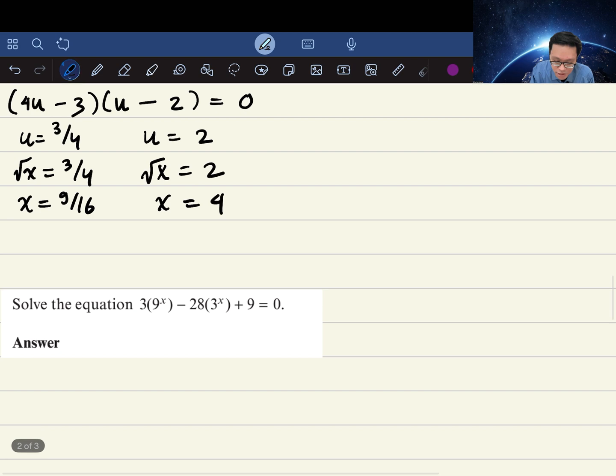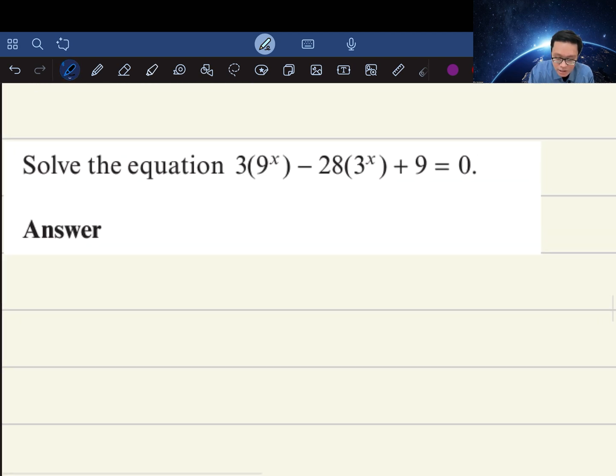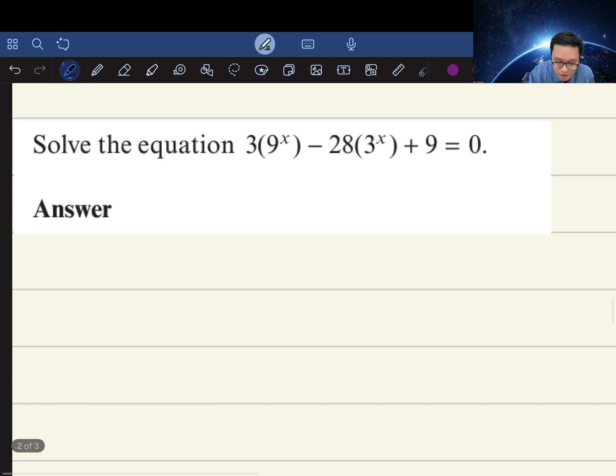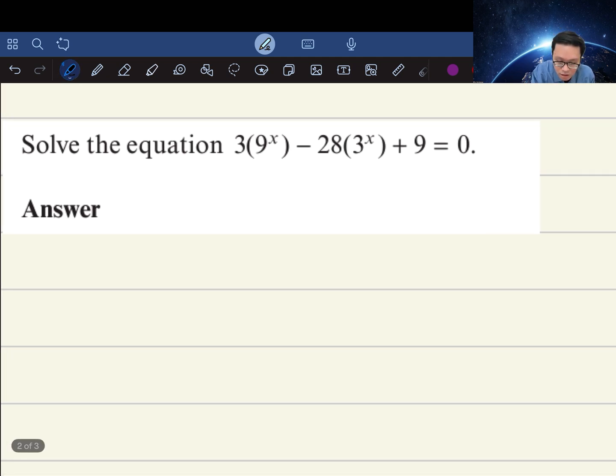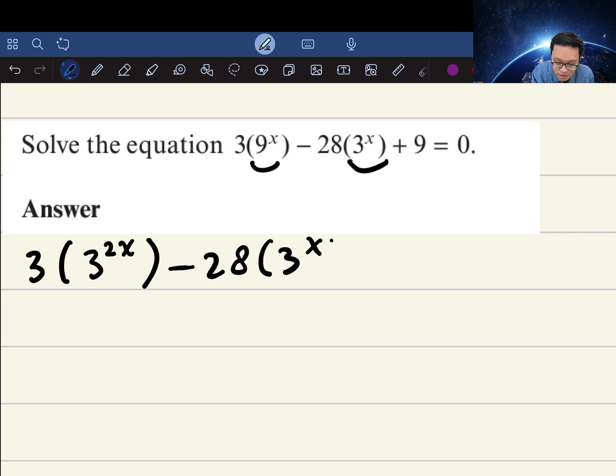Another kind of question, we have this kind of problem: 3 times 9^x minus 28 times 3^x plus 9 equals 0. The same method here. If you look at this, 9^x is basically 3 squared to the x. So (3^2)^x minus 28 times 3^x plus 9 equals 0.